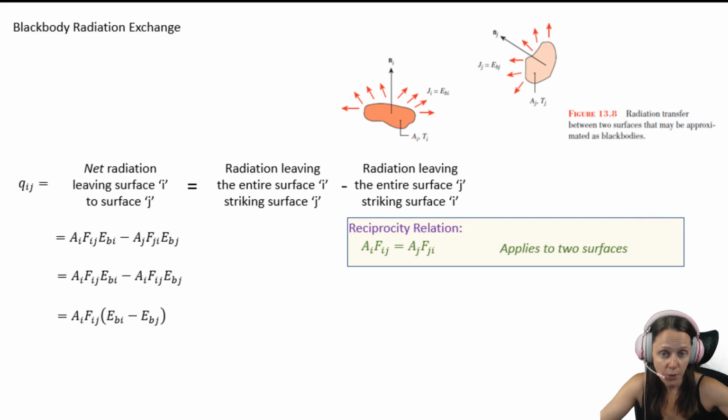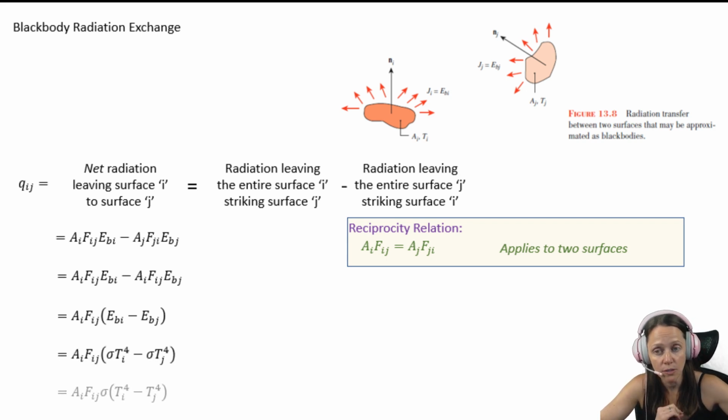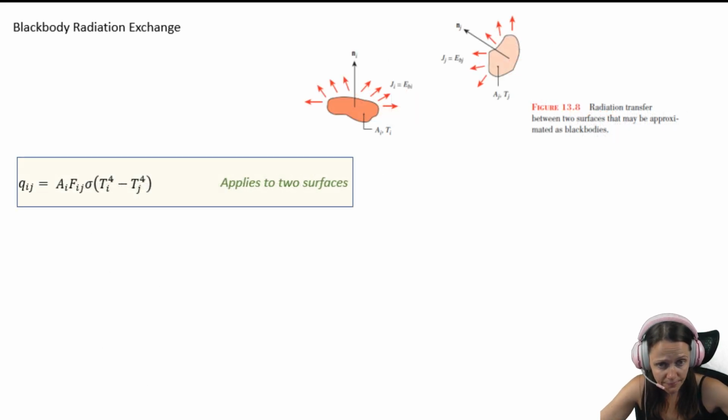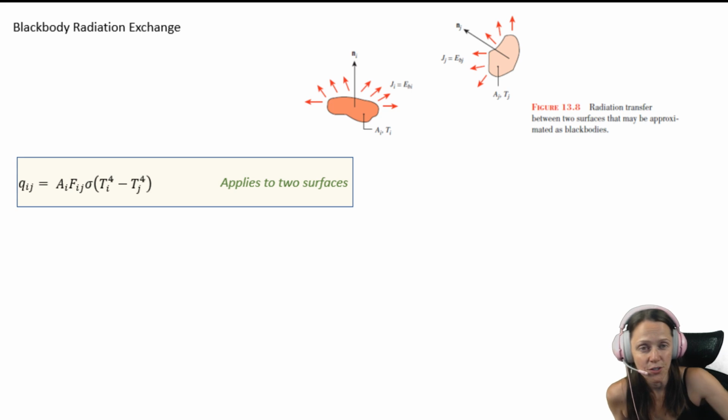And then we subtract the fraction of emitted radiation coming from the surface J going to surface I in the same manner. And then, of course, that reciprocity relationship equates the product of those areas and view factors. And then we can use the Stefan-Boltzmann relationship to define the emitted radiation from a black body. And then that's our equation for the net amount of radiation from black body surface I that hits surface J.